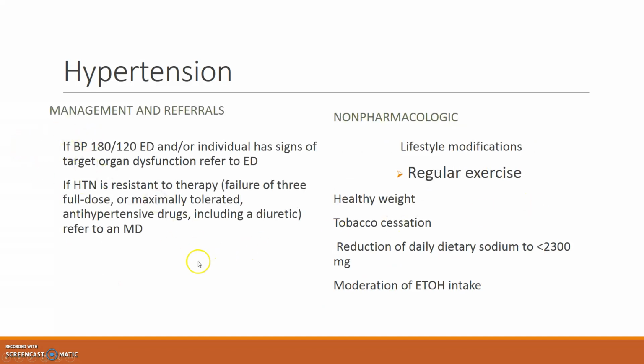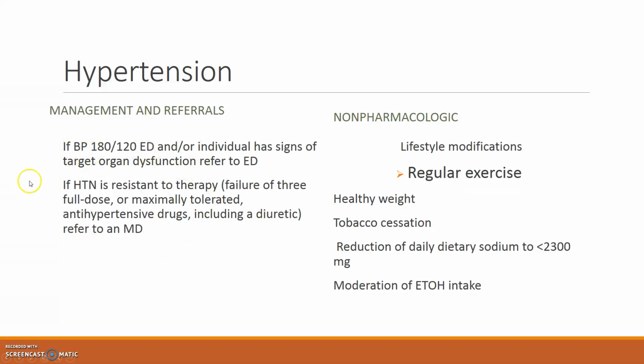Management and referrals. If blood pressure is 180 over 120, to the ER. And if the individual has signs of target organ dysfunction, you want to refer to the ER in light of an elevated blood pressure like that. If hypertension is resistant to therapy, failure of 3 full dose or maximally tolerated antihypertensive drugs, including a diuretic, refer to an MD.